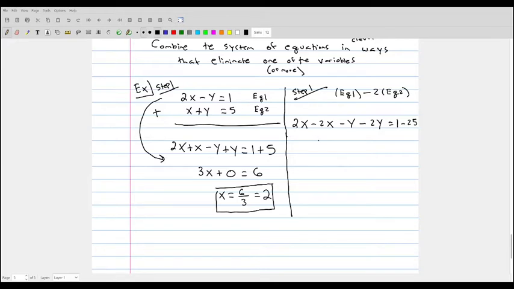So 2x minus 2x is 0, minus y minus 2y is negative 3 times y, and negative 2 times 5 is negative 10. So it's 1 minus 2 times 5, which is 1 minus 10. So this is negative 9. So y is equal to negative 9 over negative 3, or positive 3.